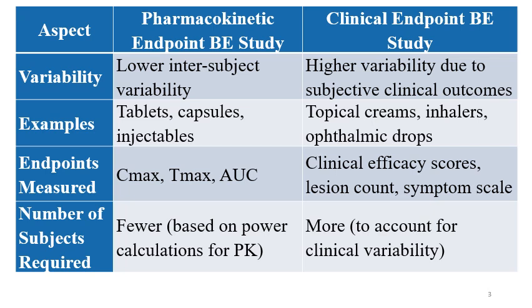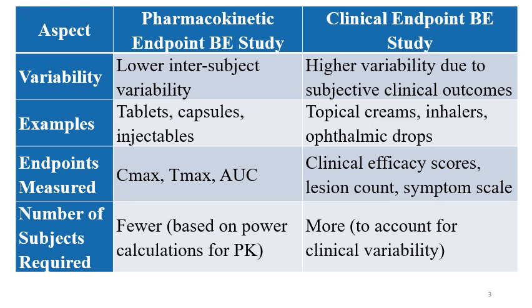Variability in the pharmacokinetic study is lower; inter-subject variability and intra-subject variability will be there, but these are lower. But in clinical studies, the variability will be higher due to the subjective clinical outcomes. Examples for PK studies are formulations like tablets, capsules, injectables.